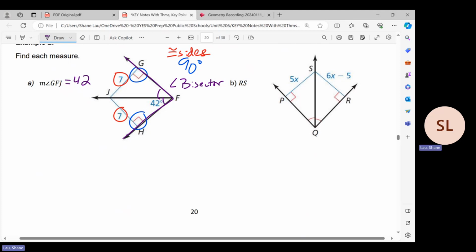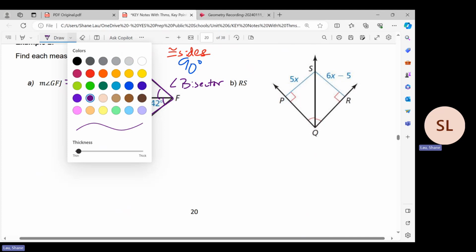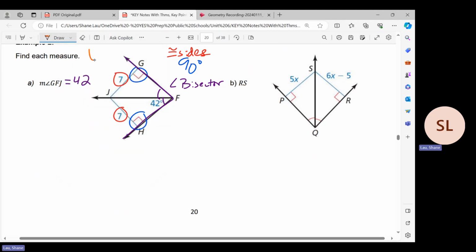Now, if we think back to the theorems, this theorem uses 6.4, which feels a little odd, going a little bit out of order. But this theorem is 6.4. The reason why is we're looking for the angle bisector and not starting with it.